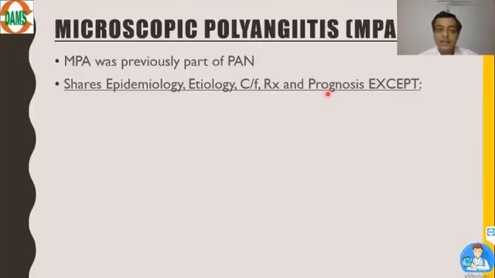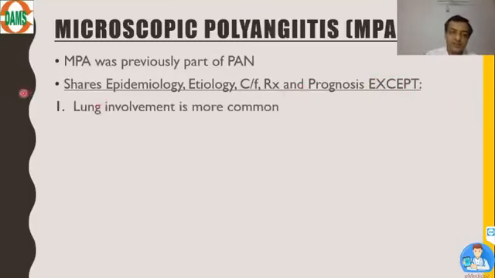So in the MCQ, how to differentiate whether it is PAN or MPA? That is why we have the except points. Which are the points which favor the diagnosis of MPA? First point in MPA, lung involvement is more common.